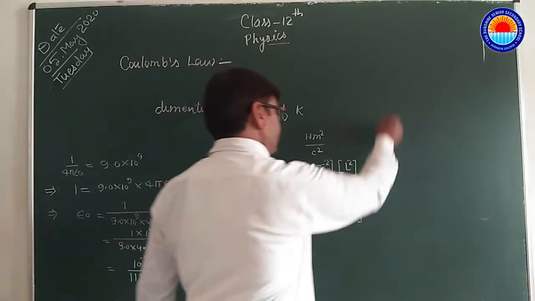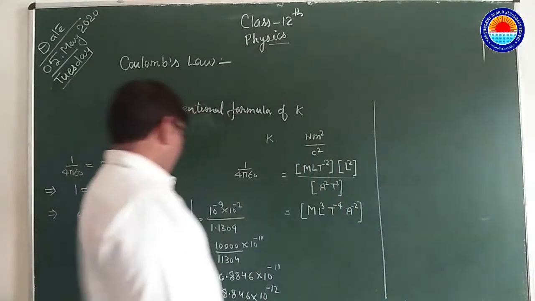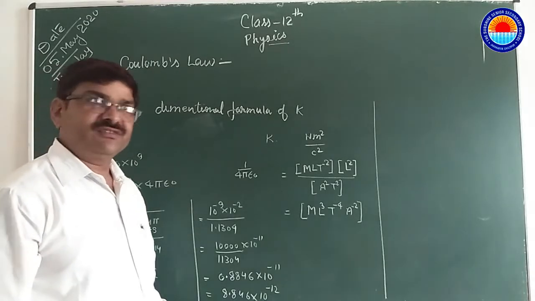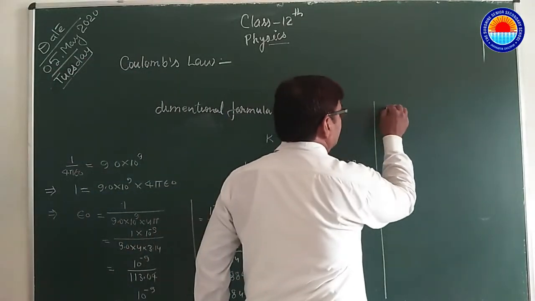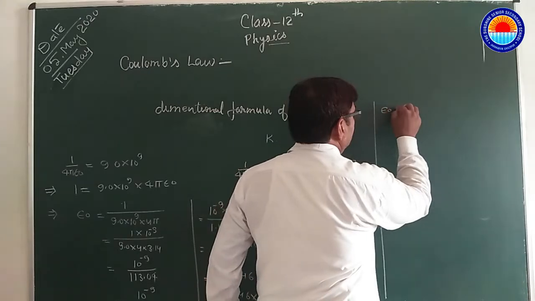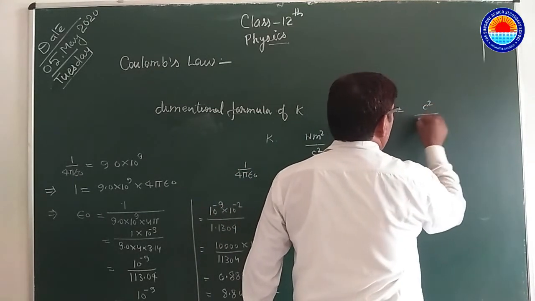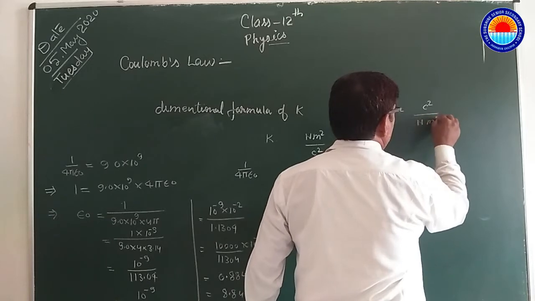After this, we may write down the dimensional formula of epsilon naught. Its unit is Coulomb square upon Newton meter square.